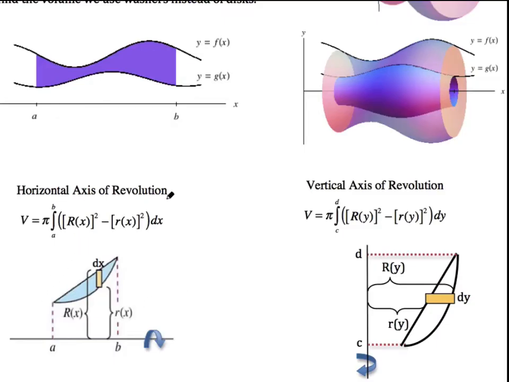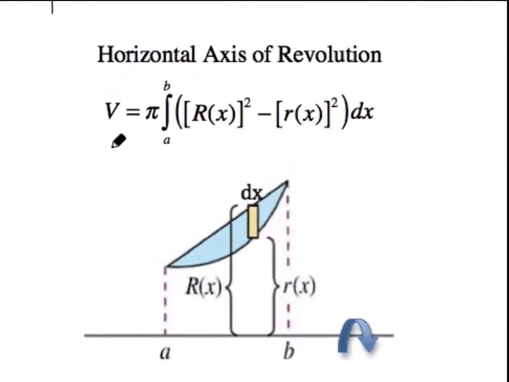With the washer method, we can have both a horizontal axis of revolution or a vertical axis of revolution. This example is the horizontal axis, and here we can see our region bounded by the two curves, and we're going to rotate around this horizontal axis of rotation. Our limits of integration are a to b, and those are the x values at the intersection of the two curves.